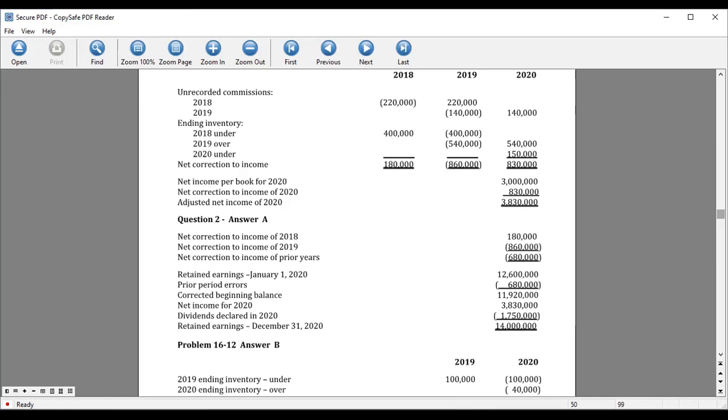Okay, and we have now the net correction to income of 2019 and 2020. Question number 2, compute for retained earnings on December 31, 2020. And so you have your retained earnings December 31, 2020 in the amount of 14 million.